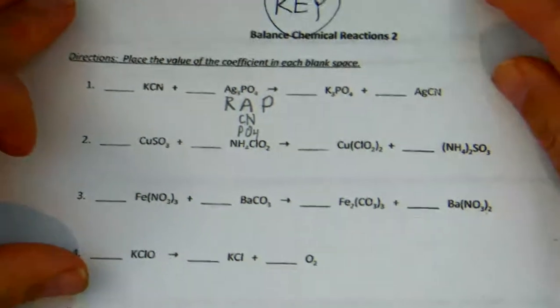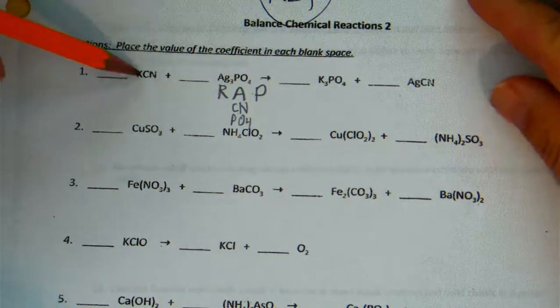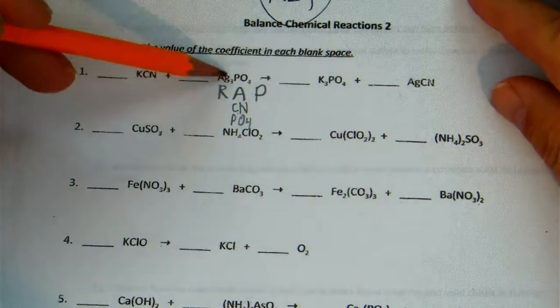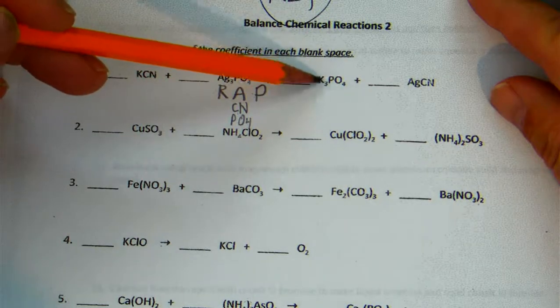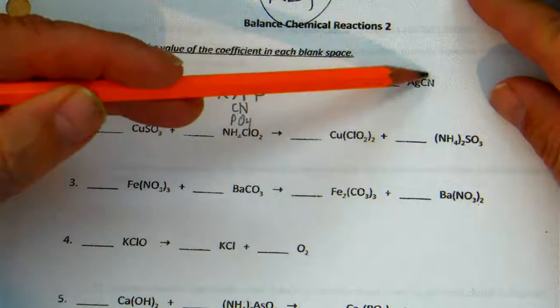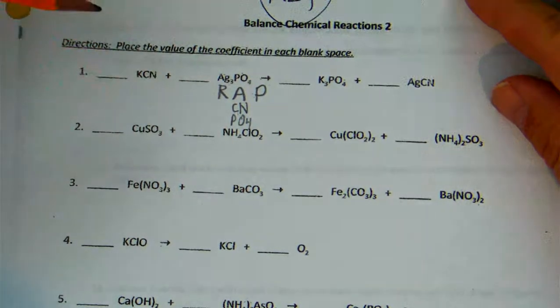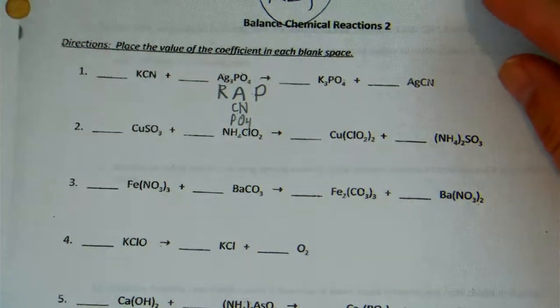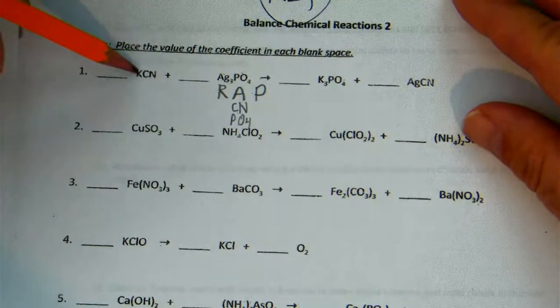So here I go at kind of ludicrous speed. I see I'm starting off with potassium cyanide and silver phosphate to create potassium phosphate and silver cyanide. I would classify this as a double displacement reaction using what we just learned. And tackling this, I see I have 1 potassium on the left.